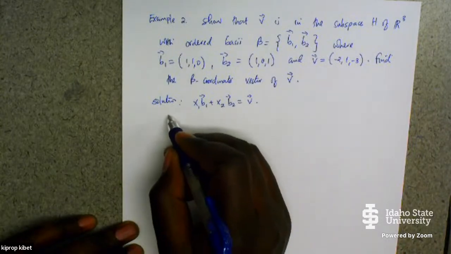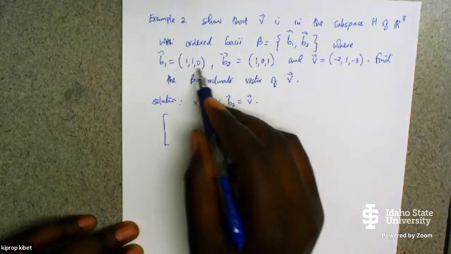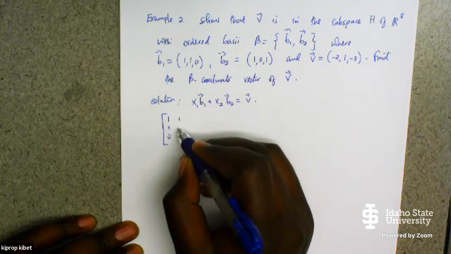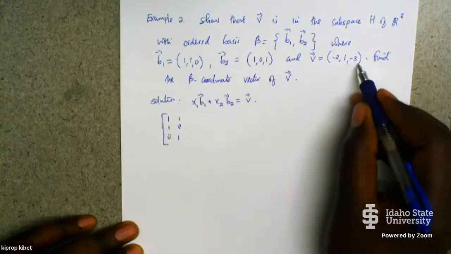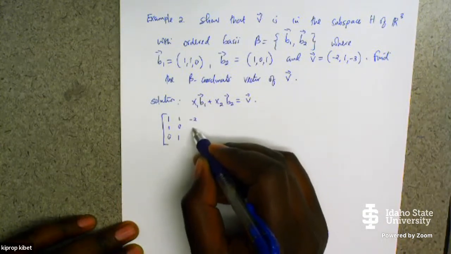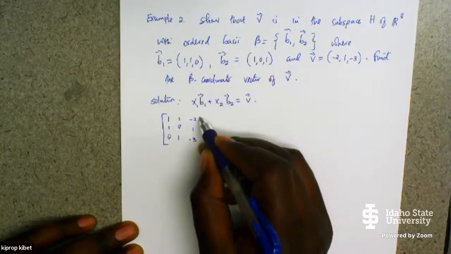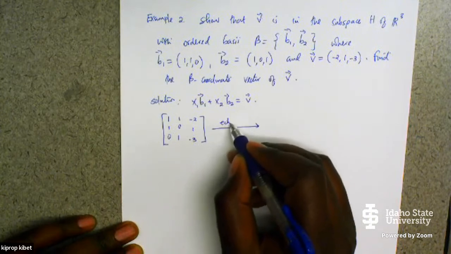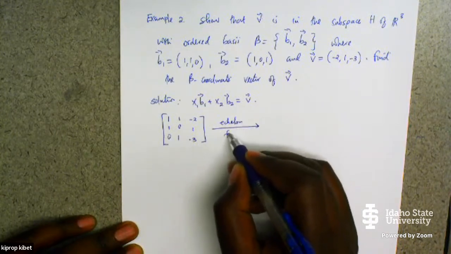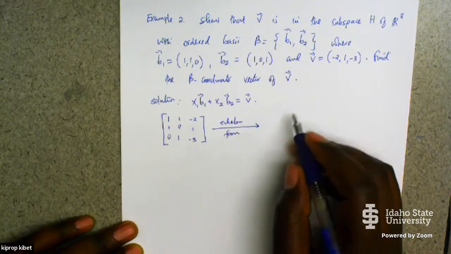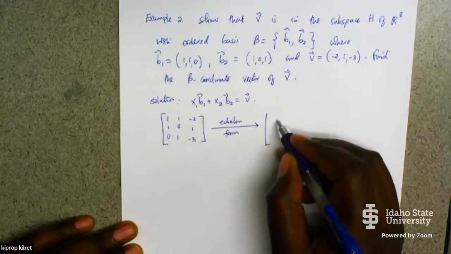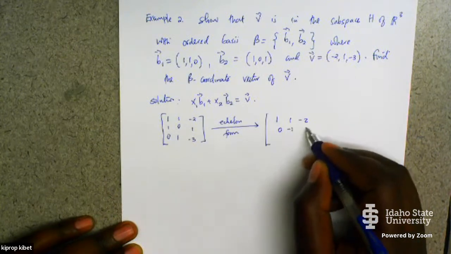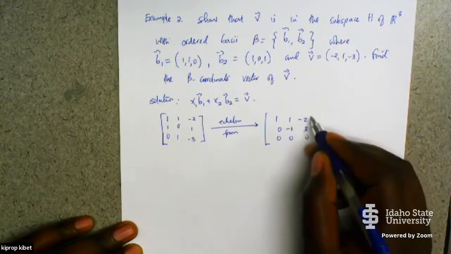When we put this in augmented matrix form, we have 1, 1, 0, 1, 0, 1, and for v it is -2, 1, and -3. Then we reduce to echelon form. When we reduce this, we get 1, 1, -2, 0, -1, 3, and then 0, 0, 0.